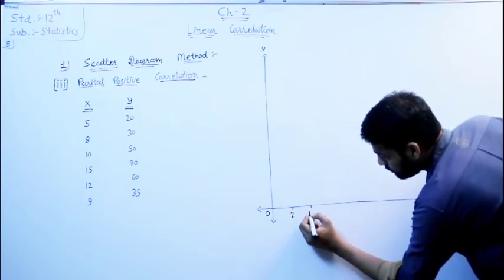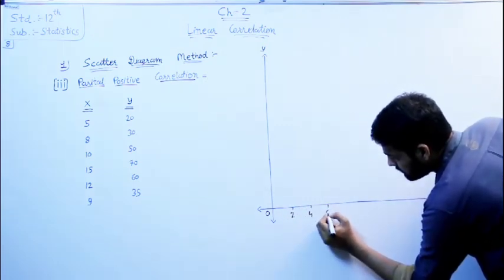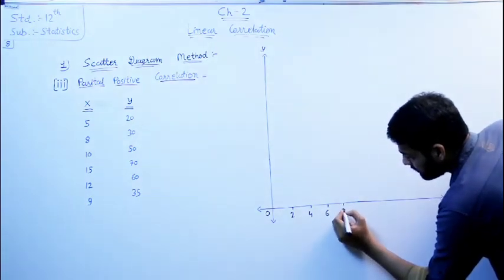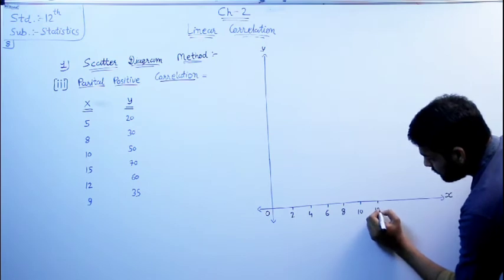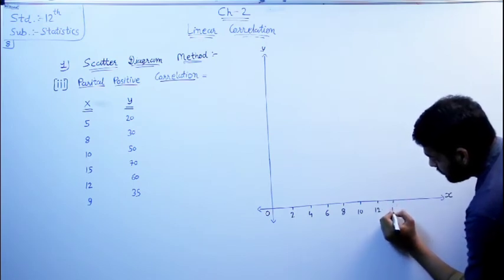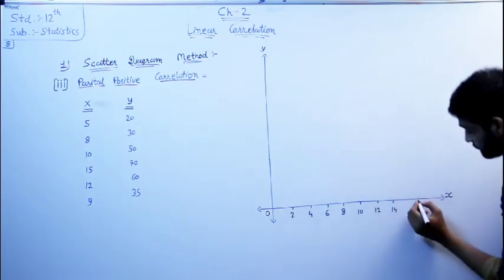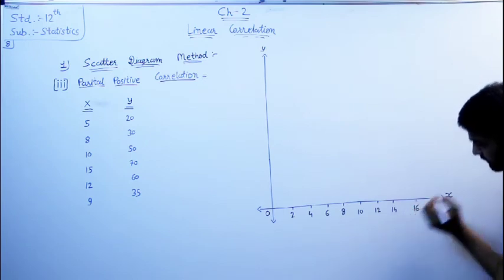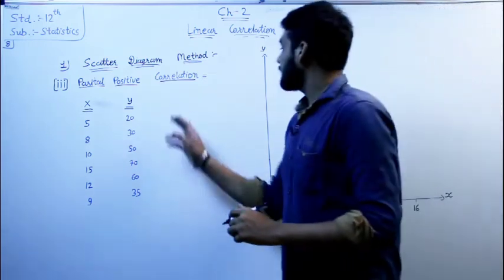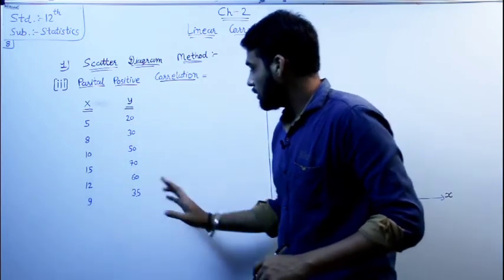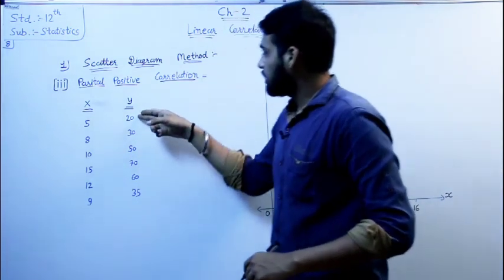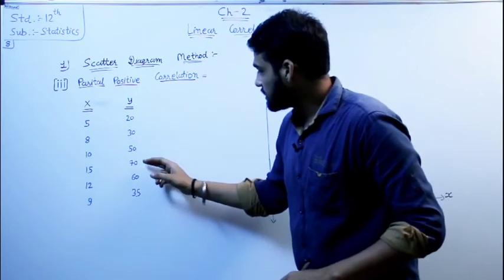2, 4, 6, 8, 10, 12, 14 and 16. Okay, and on the y-axis, the minimum value of the y variable is 20 and the maximum is 70.